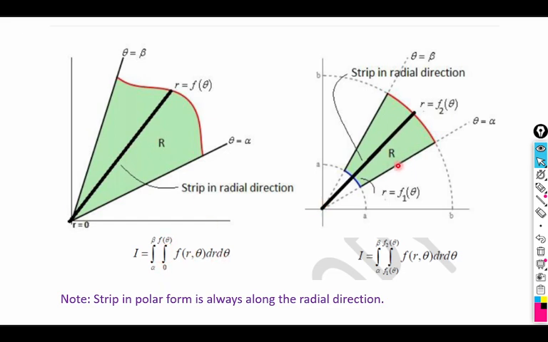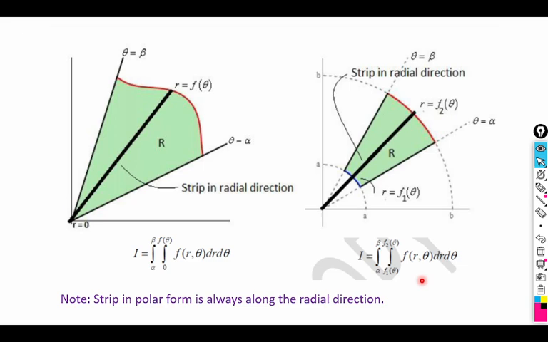Case 2 will be like this, where the region is not at the origin, so the region is away from the origin. When you draw this strip, the strip enters the region at r equal to f1 of theta, and the strip's upper curve has the equation f2 of theta. So r will vary from f1 to f2, while theta is always constant, from alpha to beta. That is about the strip position.